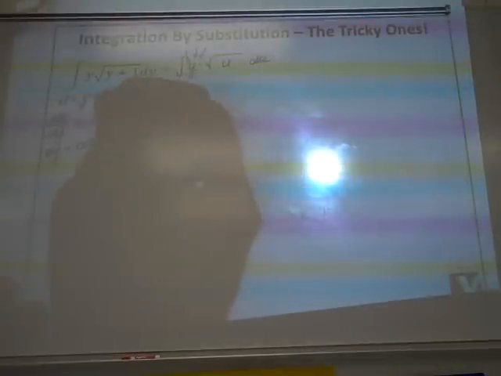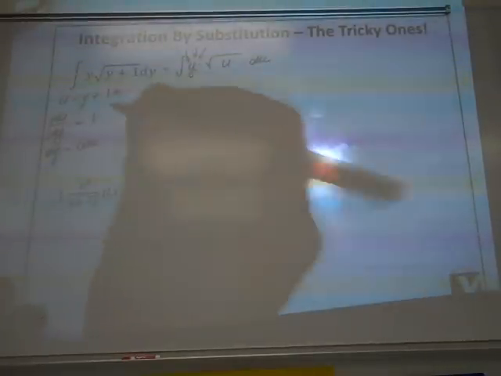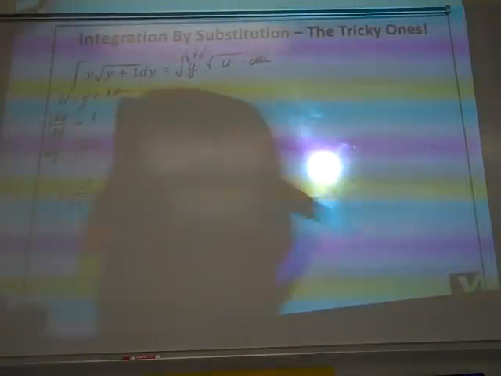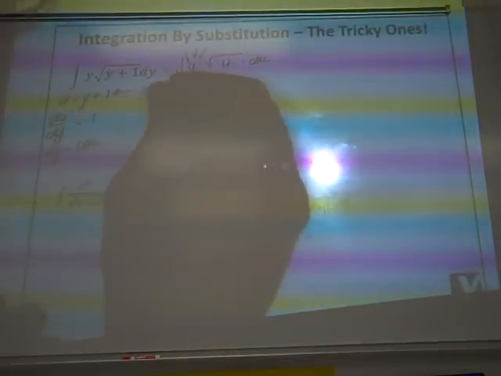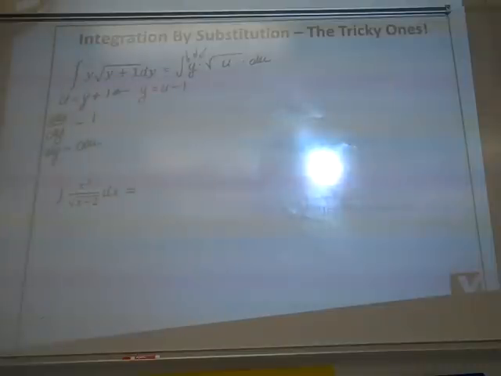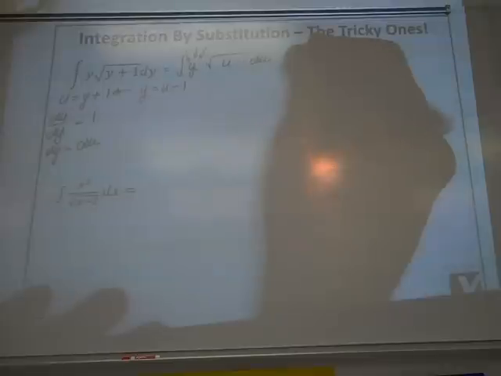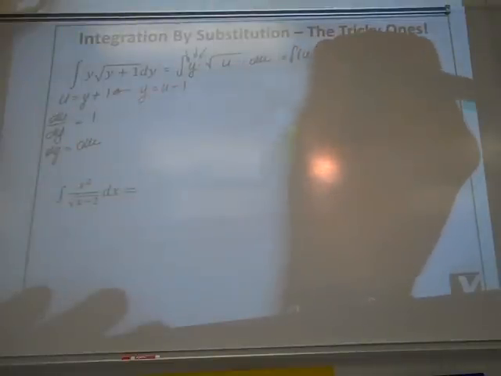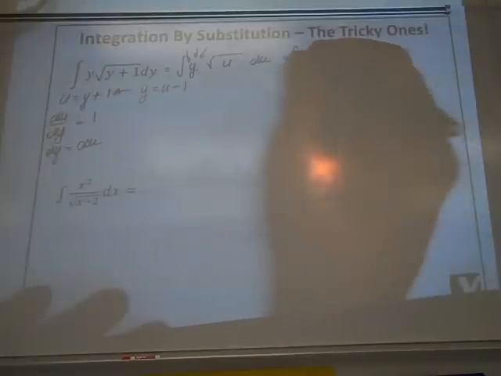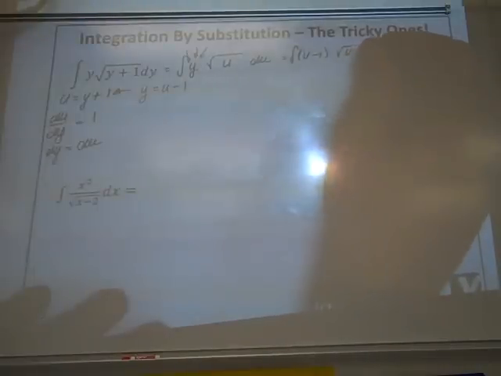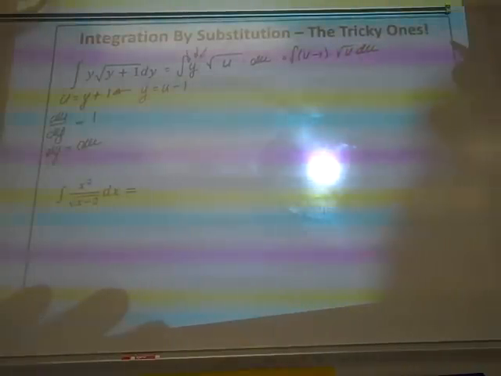And that's where I want to draw your attention over here. We know that u is equal to y plus 1. With some algebraic manipulation, you can then say that y is equal to u minus 1. That allows you to rewrite your integrand as u minus 1 times the square root of u du.